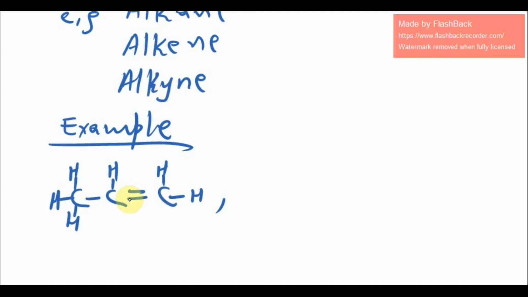Now let's start with the functional group. The functional group is a double bond, a carbon double bond carbon. Then how many bonds? 1, 2, 3, 4. How many? 1, 2, 3, 4. So we have 4 bonds. So this is the functional group.